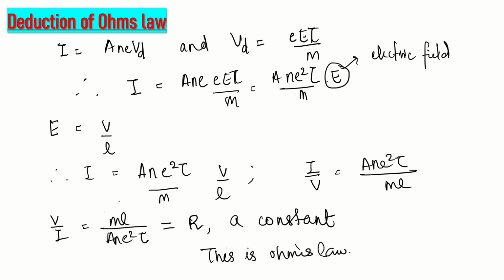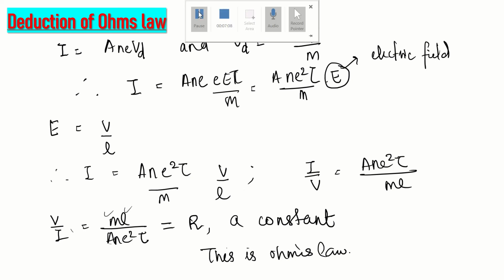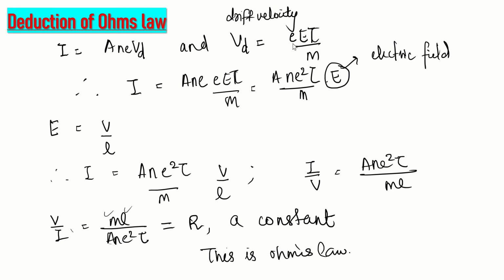So if you're given all of these, you can find any one of them. Okay. So first we have I equals nAe vd. And vd here is the drift velocity. Here this is the relaxation time, I'll write it in a box here.